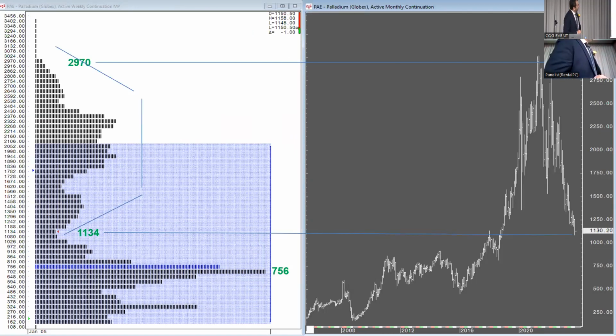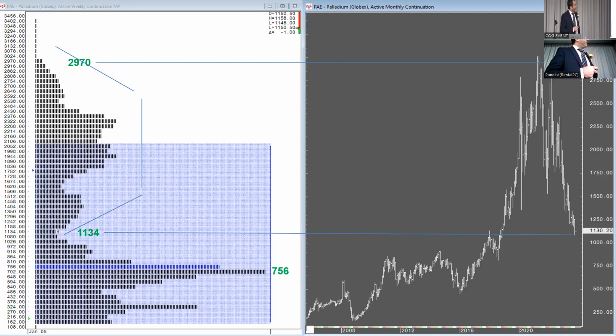And palladium is actually a little bit less defined, but it's also something that can help try and find or preempt the distributions, because we can see here the distribution between 2970 and 1134.